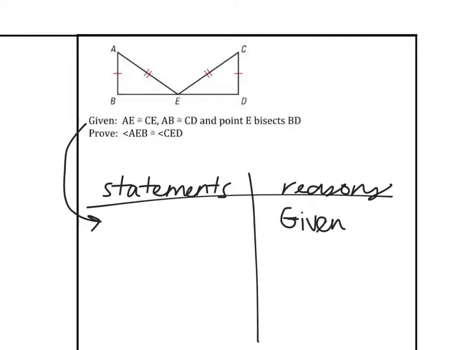Okay, so we know that point E bisects BD, which means that it's cutting it into two congruent parts. So we can also say that these two pieces that I'm marking right now, BE is congruent to DE.